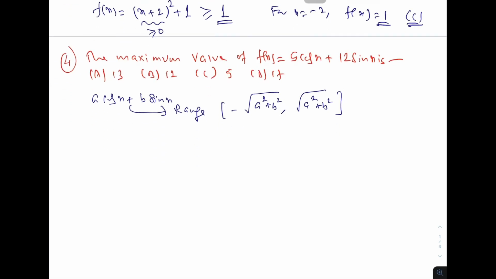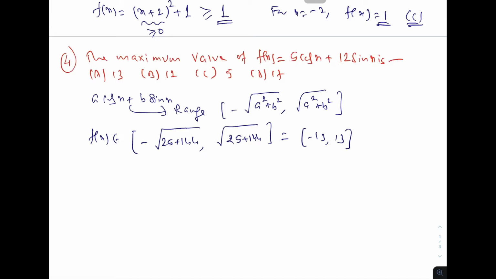So for our case, this f(x) always belongs to minus root of 25 plus 144 to root of 25 plus 144, that means minus 13 to 13. So the maximum value we are getting is 13. So here also you don't need to do anything, just use this result and find out its maximum value.